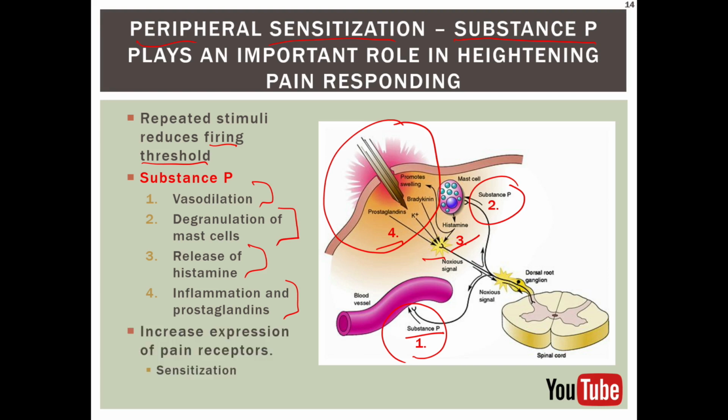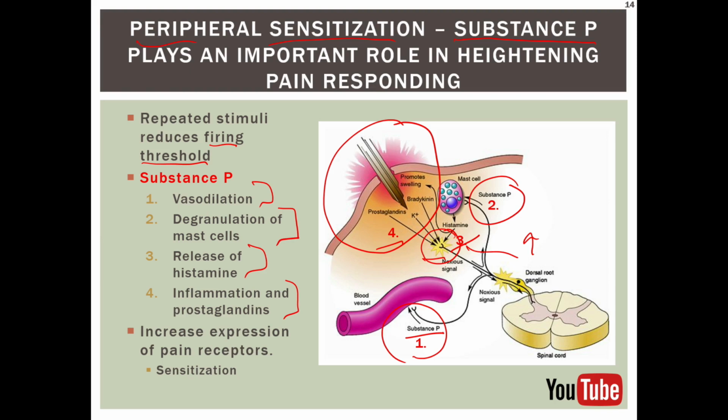Combined, these events lead to an increase in receptors, the signal receiving receptors here in the periphery, that then will ultimately send more signal into the spinal cord. And so this is known as peripheral sensitization.